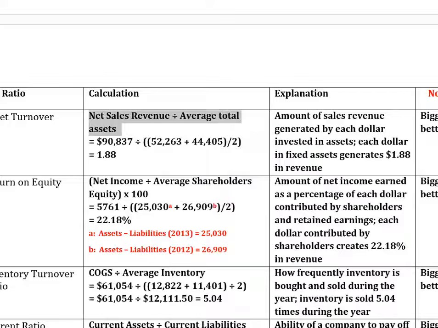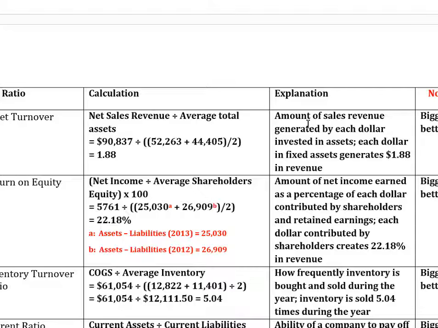It gives us the amount of net sales revenue generated by every dollar that we invest in assets. So it tells me that for each dollar I invest in my assets, I'm generating from those assets $1.88 in revenue.